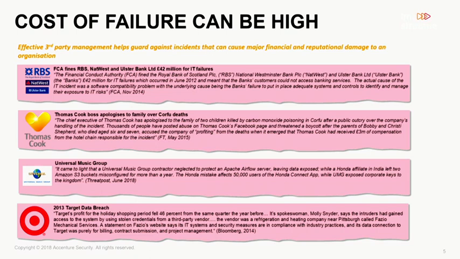We've seen this with RBS, Royal Bank of Scotland, which had an IT incident where bank customers were not able to access their systems, and that had a big monetary impact, like 42 million.